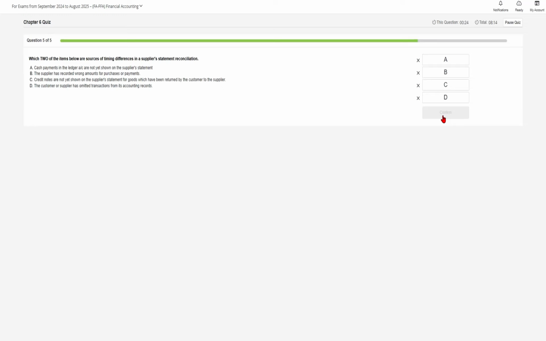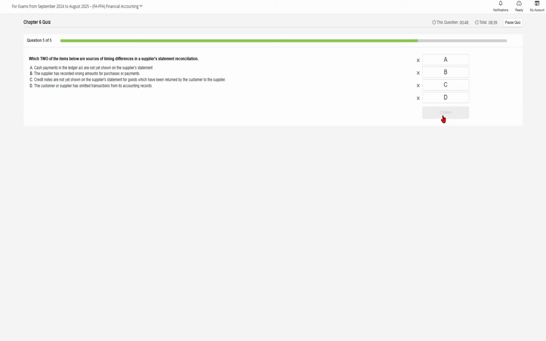Okay, so let's first understand what the timing difference is. Basically, this difference occurs when a transaction has been recorded in one party's books but not recorded in the other party's books. And this could be due to the timing of communication, posting or processing delays.